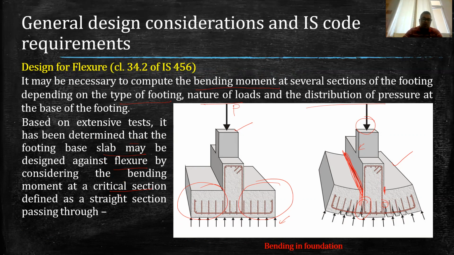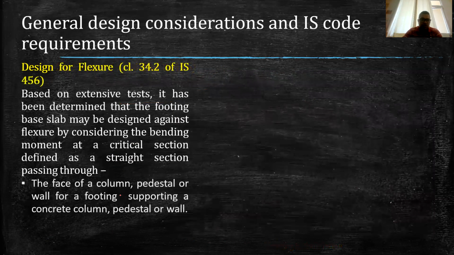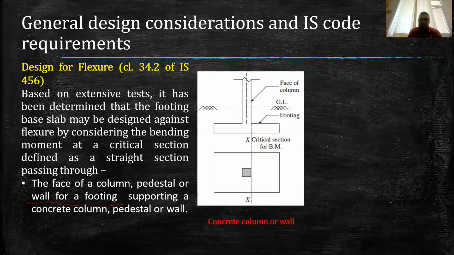For example, if we are designing foundation for the column or pedestal, or if we are designing foundation for the RCC wall, in these three scenarios, the critical section for the bending moment will be along the face of the column. So this can be a wall, this can be a column. In both cases, the critical section for the bending will be along the face of the column.